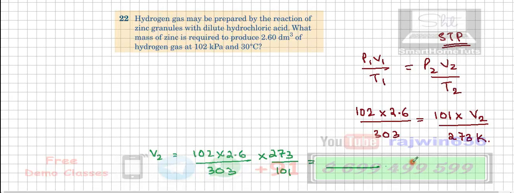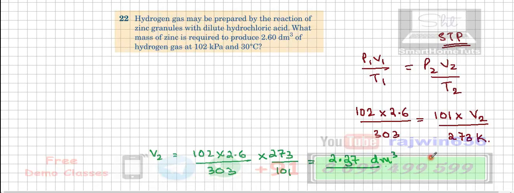How much is that volume? So the volume is 2.37 dm cube. This is the volume of hydrogen gas that we are getting.